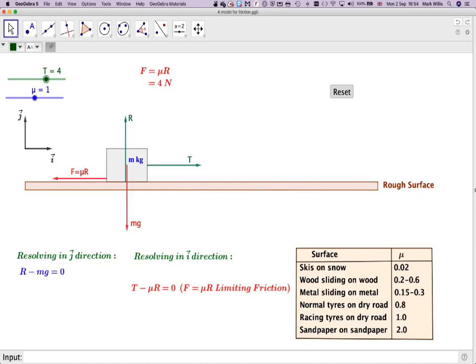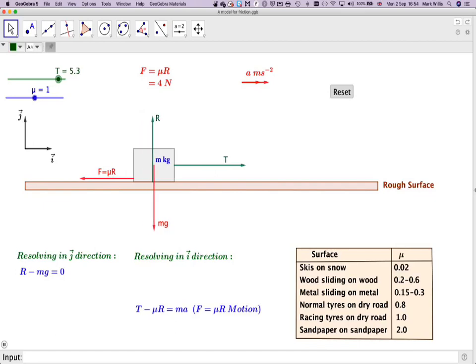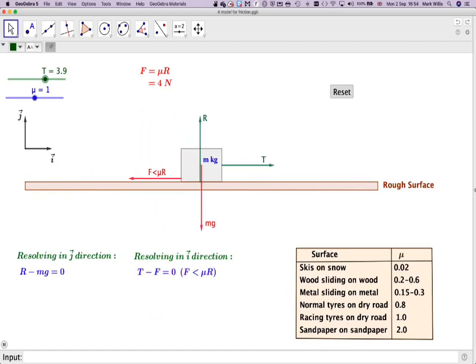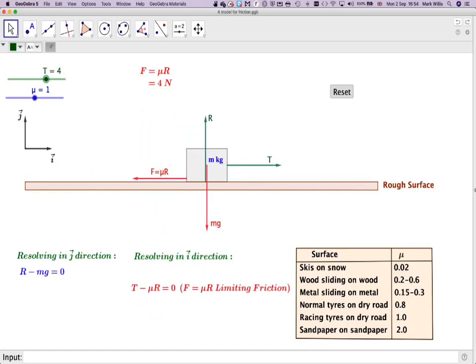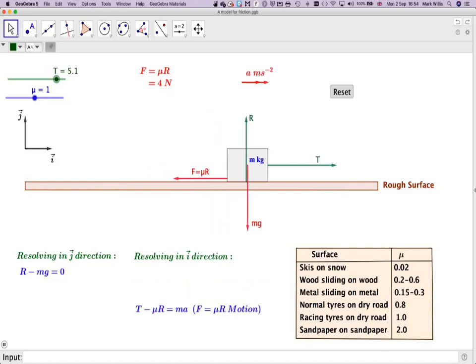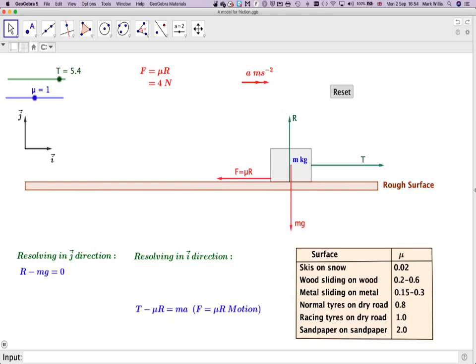This is the point where it's about to slide, called limiting friction. You still resolve by putting it equal to 0, but you do T minus mu R, and after that point it will move. If the force is reduced, you'll have to get back to that point again and then increase the force until it moves again. And then of course you're going to have acceleration at that particular point.